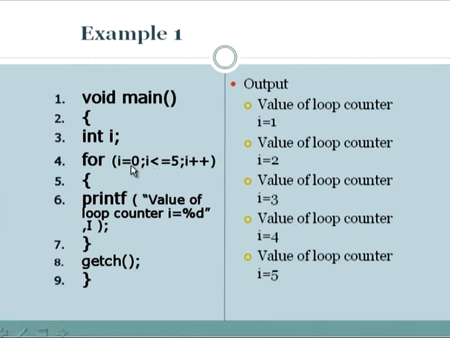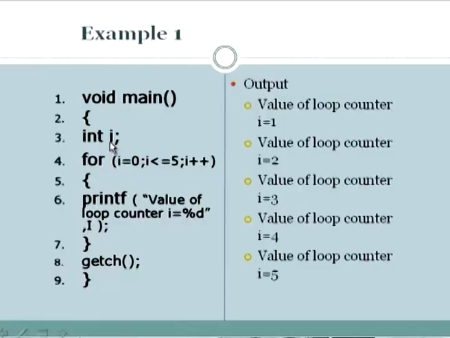In the first section, we initialize the loop counter to the initial value 0. Then we check the condition I less than or equal to 5, and we change the value of the loop counter by using the increment operator.